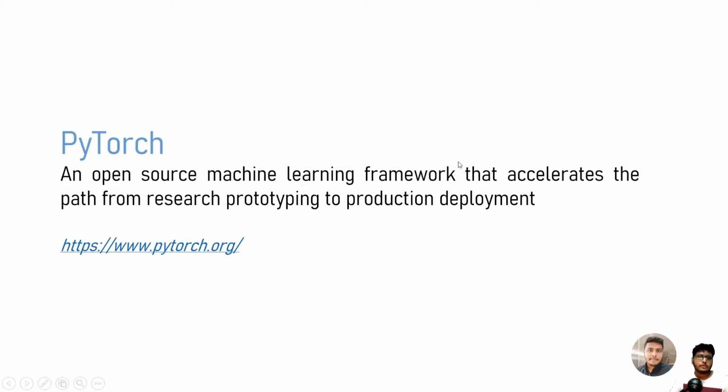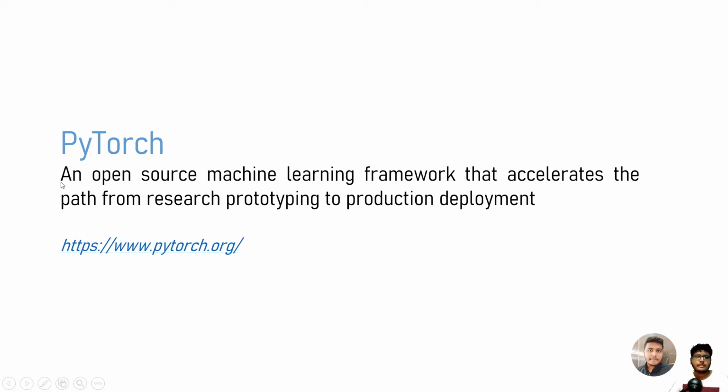Now you can go through the definition which is over here, and this is something I've copy pasted from pytorch.org, and this is a great website if you want to learn more about PyTorch and also the history of PyTorch, and it also contains different tutorials for developers and so on, right? So make sure to check this pytorch.org website, and I believe like till now you have already done that.